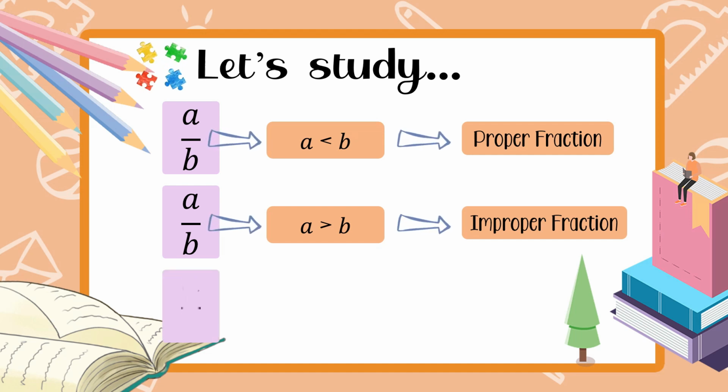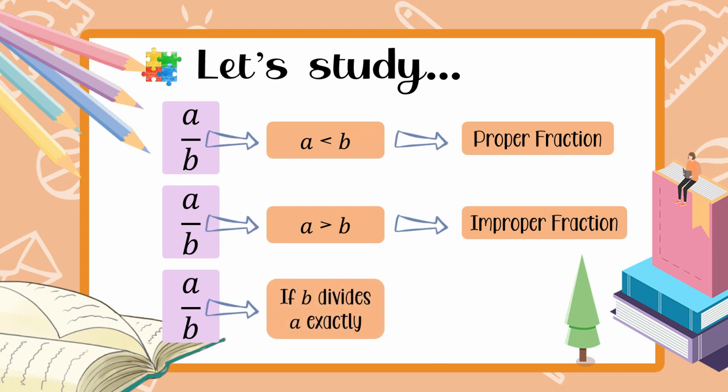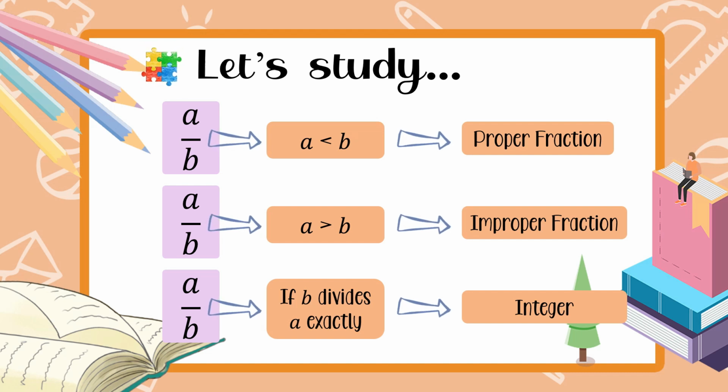And what if your rational number, a over b, ang b divides a exactly? So, that is what we call an integer. Ang kalalabasan niya ay integer. Sabi nga natin, a over b also means a divided by b.